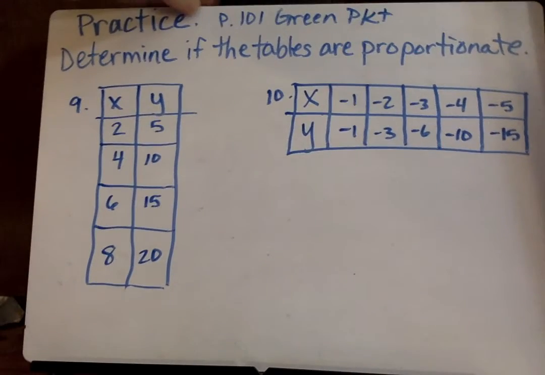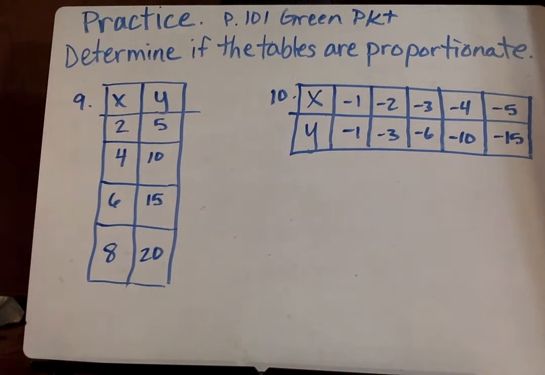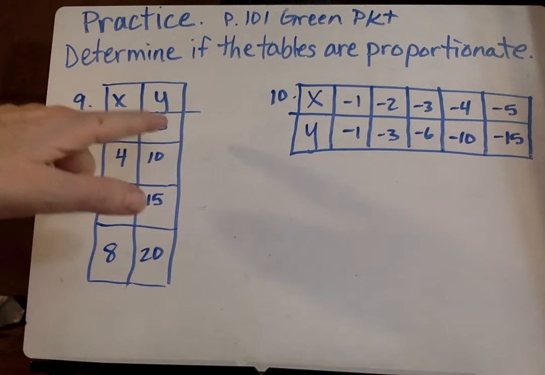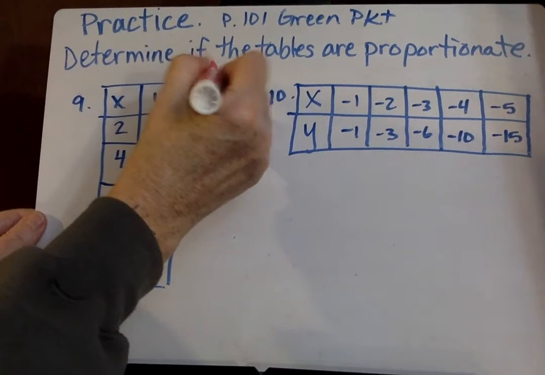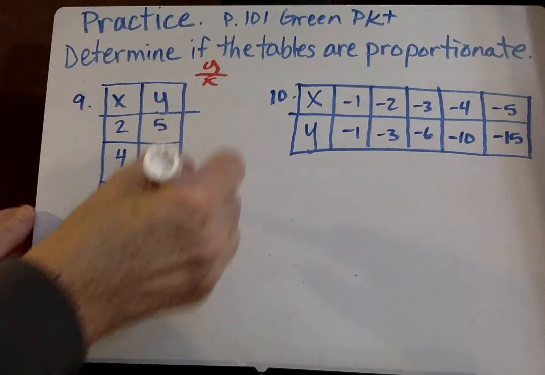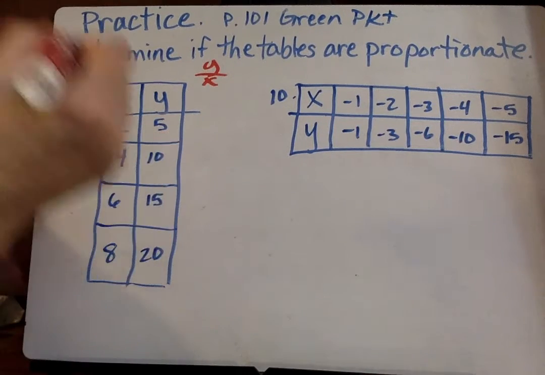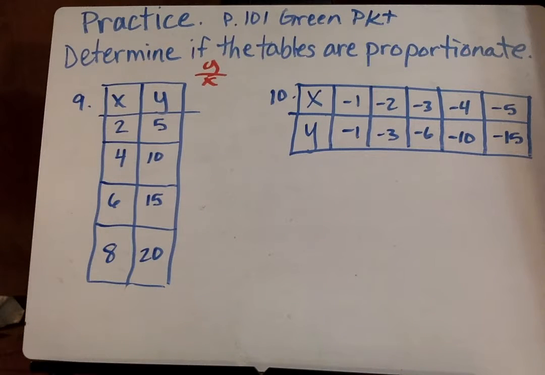Determine if the tables are proportionate. So we're going to take each y and x, and you find it out by saying y divided by x. So we're going to take each y and divide it by x and see what the numbers are. So this 5 divided by 2 is going to be 5 halves.